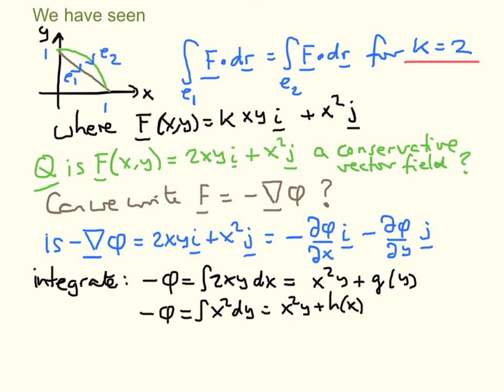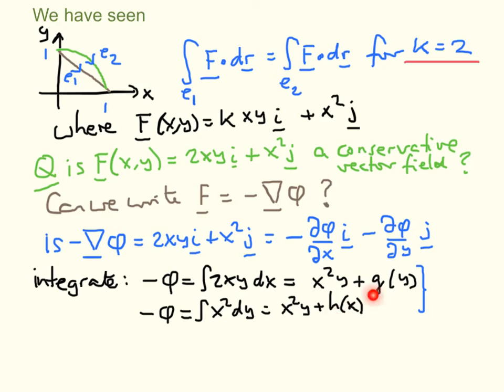And now what we want to do is compare these two and combine this information about phi. So minus phi is x squared times y, plus terms that might depend on y but don't depend upon x, but minus phi is also x squared y, so the same thing, that's good, plus terms that might depend upon x but don't depend upon y.